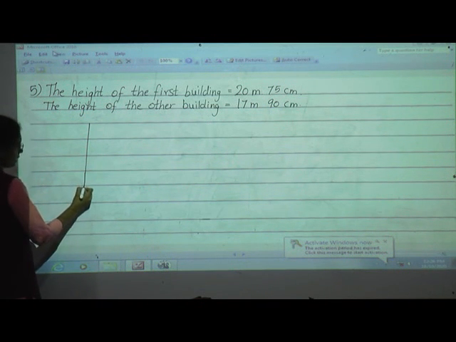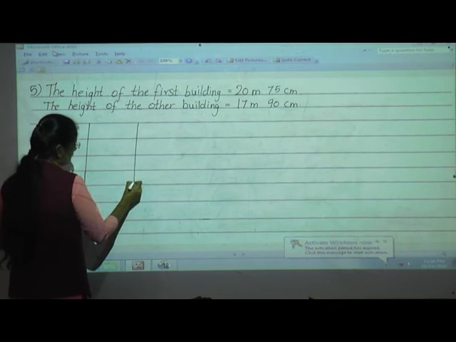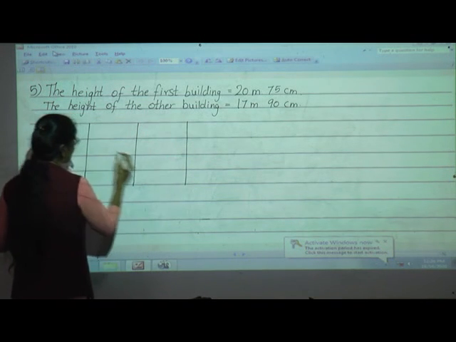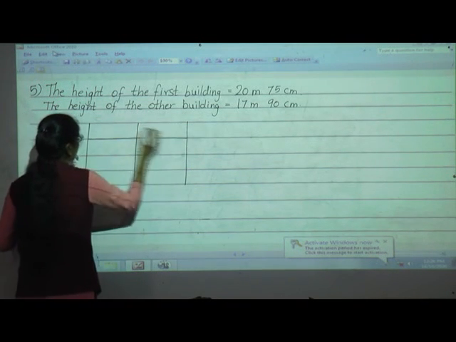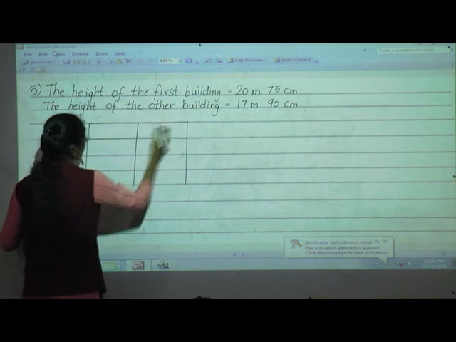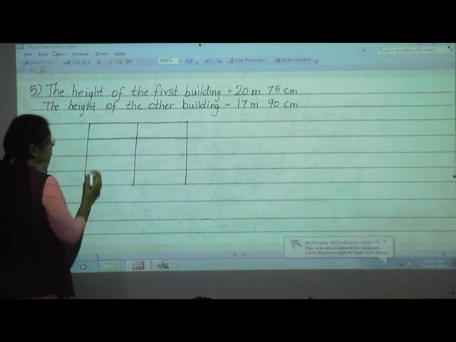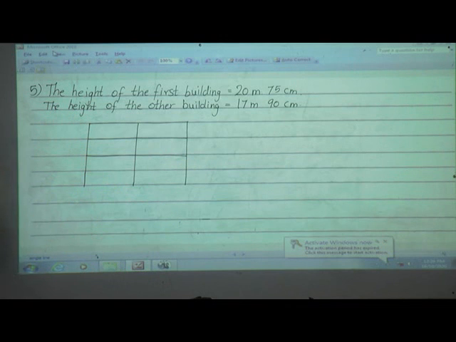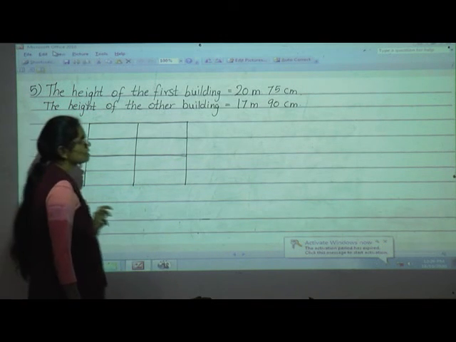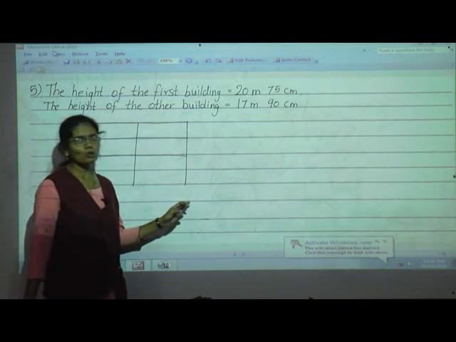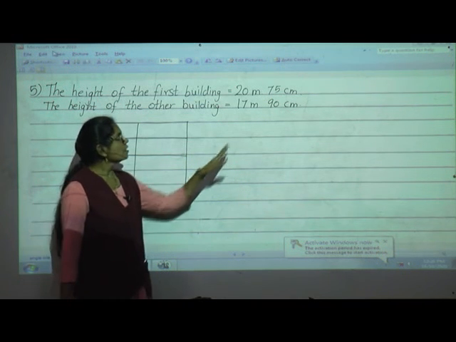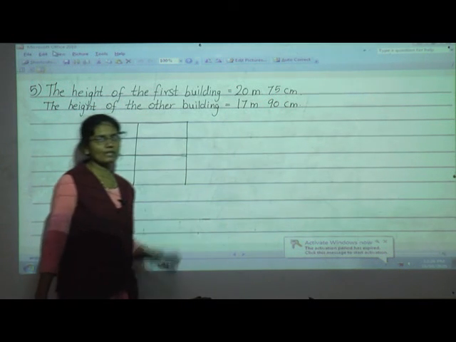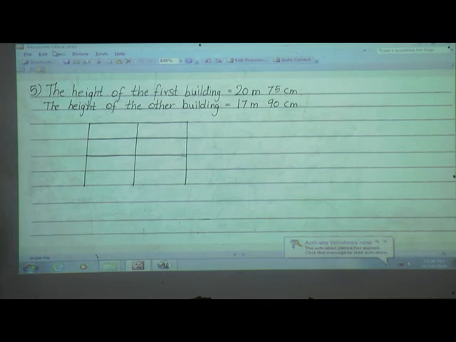Here you have to make two columns, one for meter and the other for centimeter. Properly make boxes and then write the values in those boxes. Leave one line for the borrow. See here, 20 meter 75 centimeter. Here two units are there. Now between these two units, which one is bigger? Yes, meter is the bigger unit.